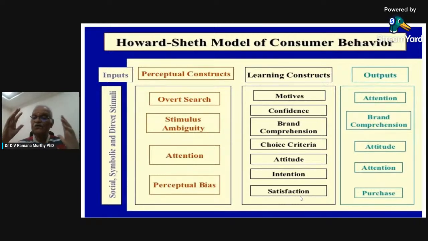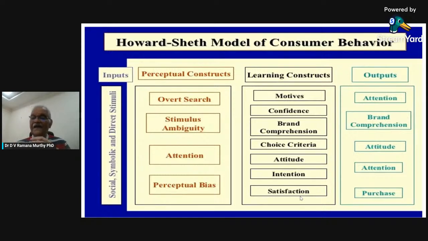So it is up to you to create such a conversation with the customer through advertisements that he comprehends the brand, that it is a plus for him, and that it is a brand to be purchased. Then of course is attitude. The market information you are planning and presenting must facilitate the consumer to form an attitude positively towards it. Please note, positively towards the product.